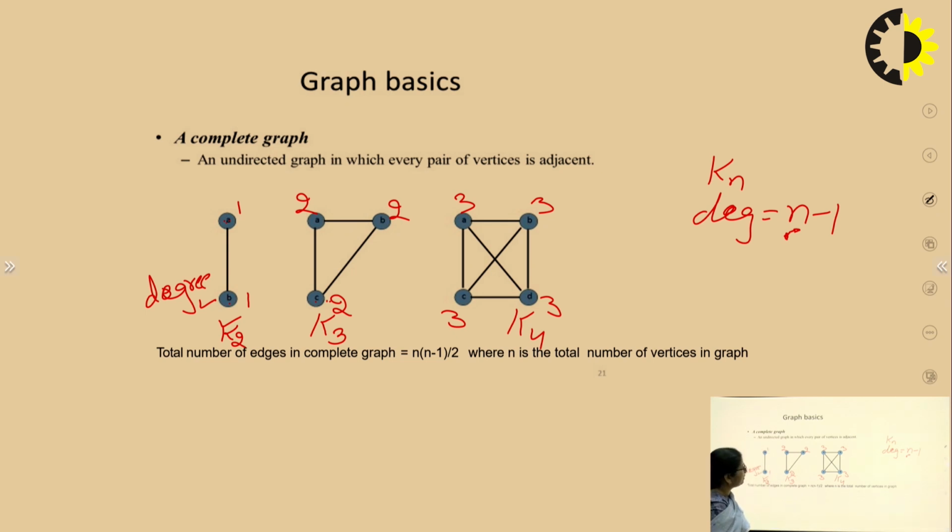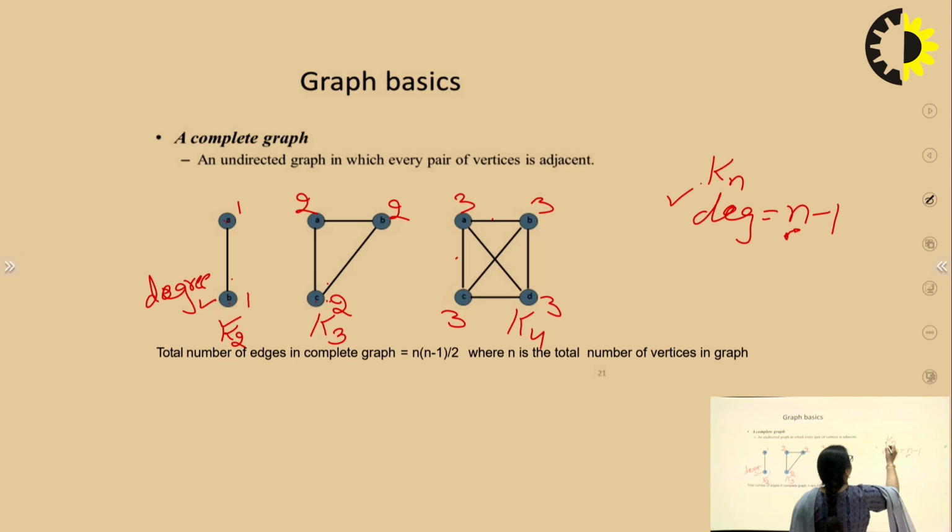Okay. So now when we have a complete graph and we know that each node is connected to each other node, can we calculate the total number of edges in the complete graph? In this, the number of edges are 1, here 3, here 1, 2, 3, 4, 5, 6. So can we decide for n?